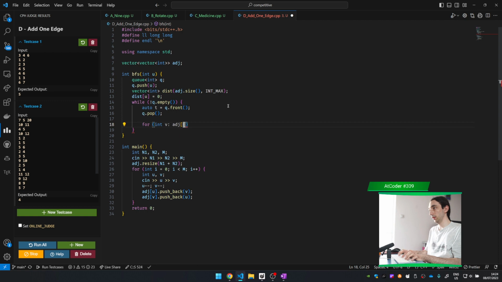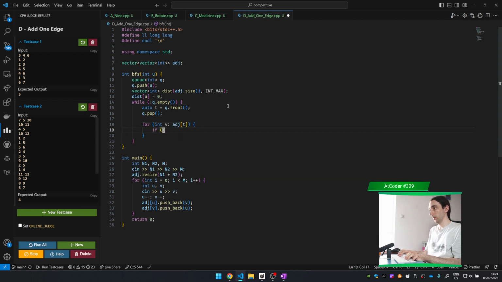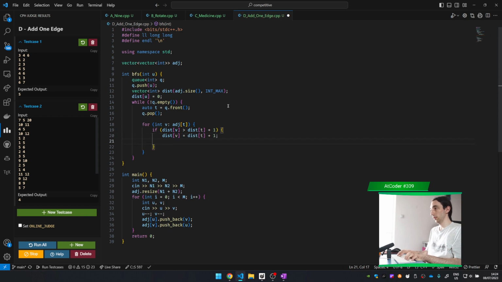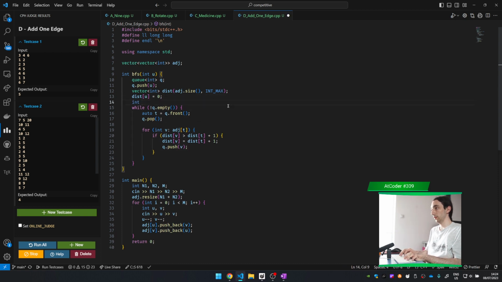For v in adjacency of t, so for each of its neighbors, if the distance of v is bigger than the distance of t plus 1, set distance of v to distance of t plus 1, q dot push v, and then we want to find the maximum distance.